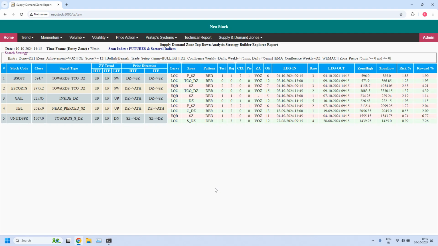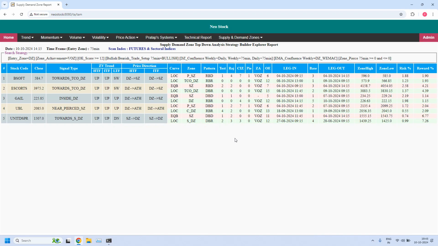In all these 5 stocks, the 75 minute zone together with daily is part of the weekly zone, and that weekly zone trend is uptrend and having EMA confluence. So this is LTF, ITF, HTF confluence with EMA confluence. Okay, this is bullish trade setup for weekly income trade.